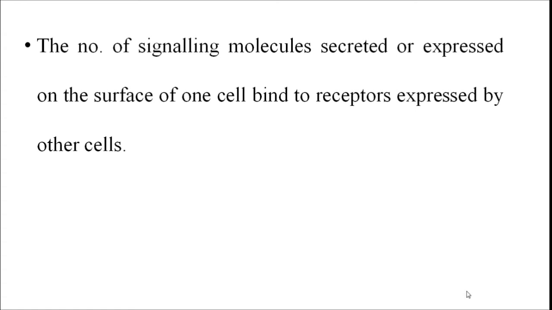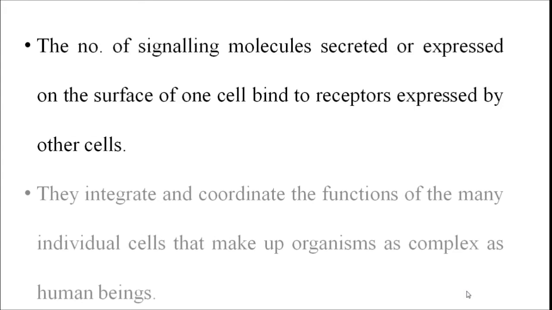So, there are a number of signaling molecules which may be secreted or expressed on the surface of one cell, and they can bind to the receptors which are mainly expressed by other cells.